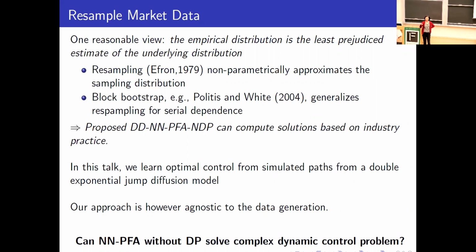That's one way to do it. Alternatively, you can estimate your parametric model and generate different possibilities into the future. So for our proposed computational approach, of course, you can generate data either way.